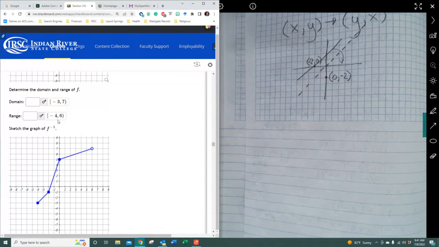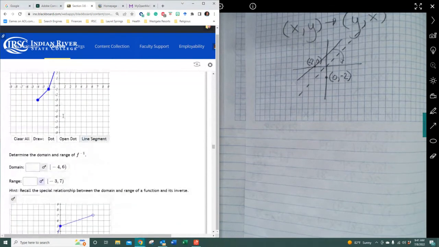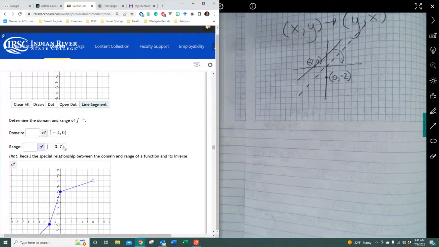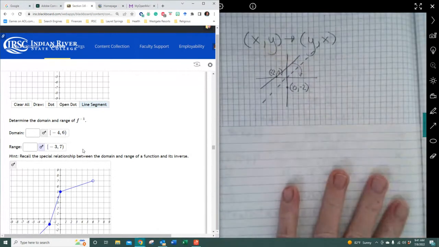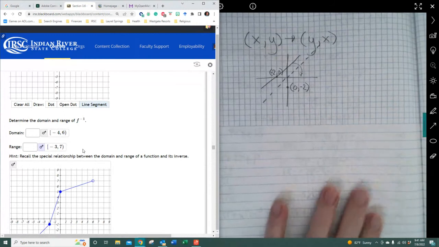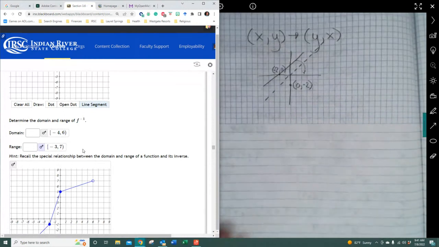This one's -3, 7, -4, 6. This one's -4, 6, -3, 7. So the domain and range are switching, aren't they? Because we're switching the X and the Y, wouldn't domain and range switch as well? Something to think about.